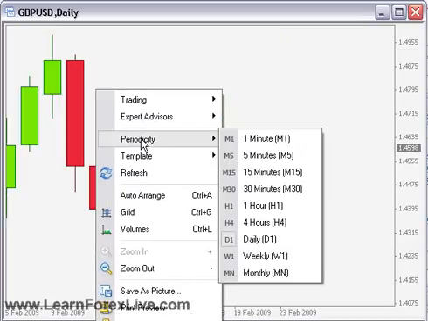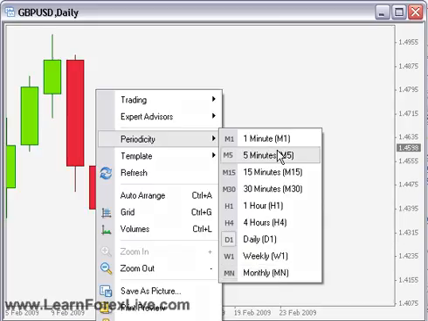Again, like I said, most of the charting platforms allow you to segment your time scope in multiple time frames of your choice, all the way from the 1 minute all the way down to the monthly chart.